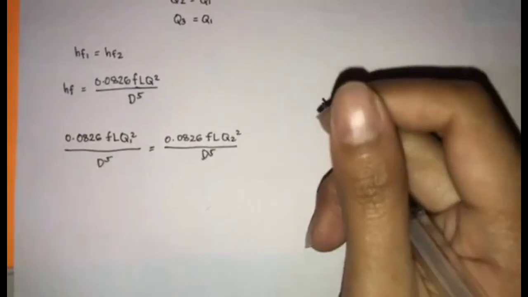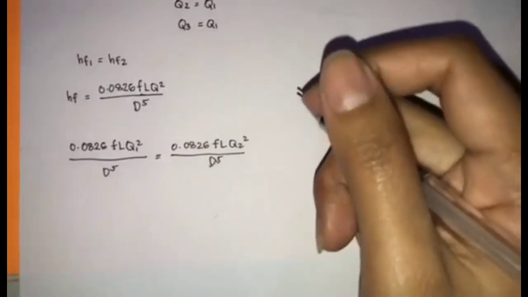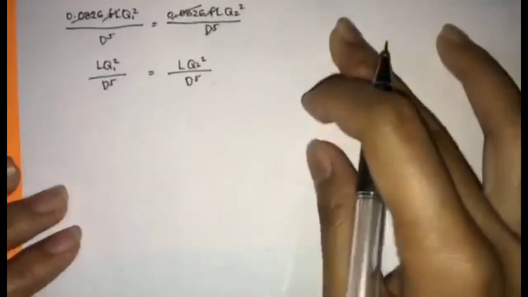So they are same, so we can cancel. What's left is only LQ sub 1 square over D raised to 5 is equals to LQ sub 2 square over D raised to 5.